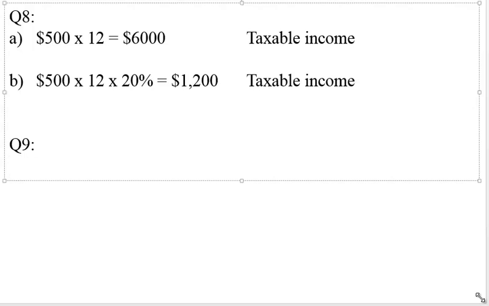The remaining 80% was used for lunch with clients. So 20% is taxable, because 80% is for business use. So that means $600 times 12 times 20% again, equal to 1440 taxable income.